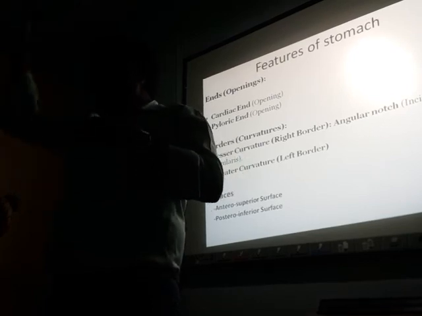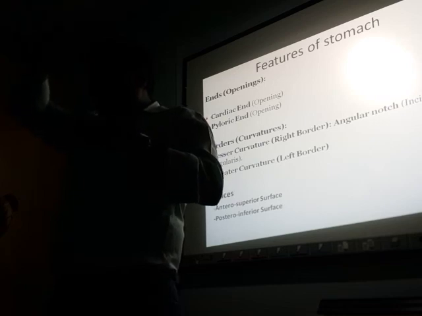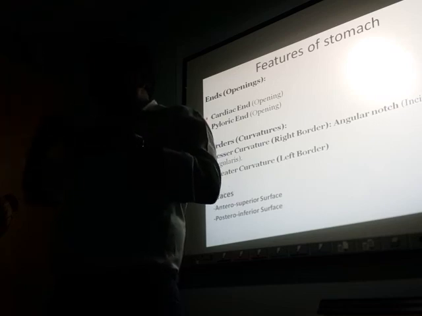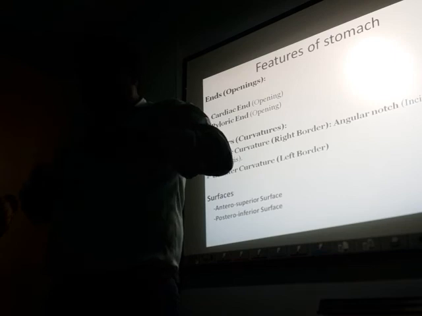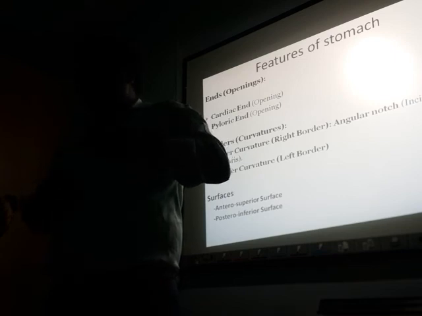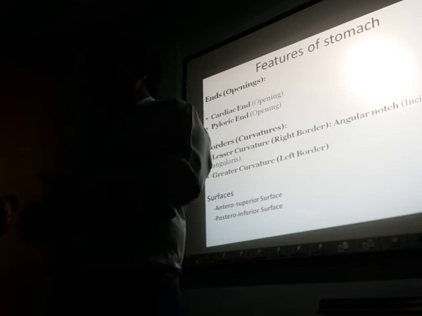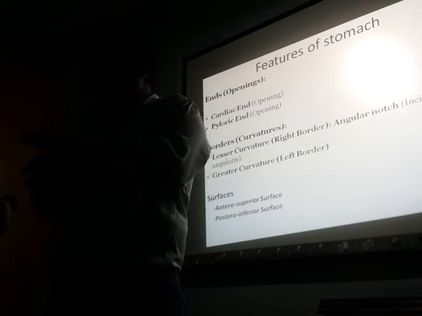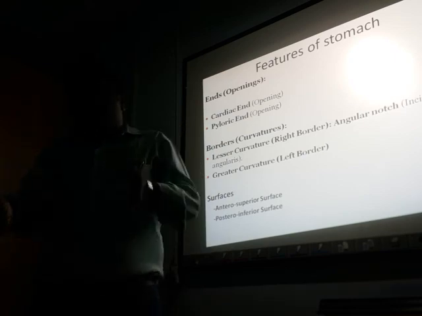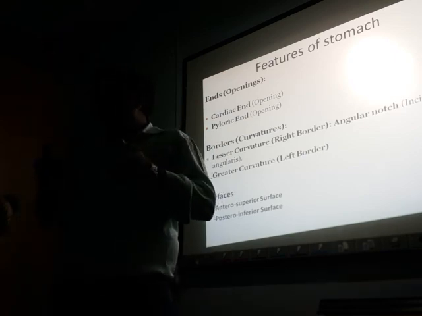Only when the peristaltic wave comes in the esophagus, it opens ahead of the wave reaching the lower end of the esophagus. Then the food enters from the esophagus into the stomach, and then it closes again. Clear? It opens only when a peristaltic wave is approaching it.